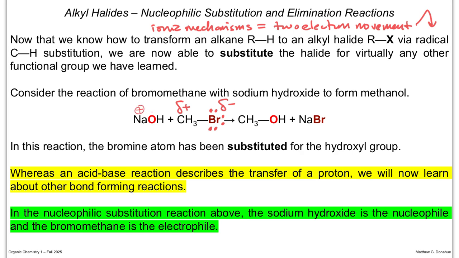And we're going to react that with sodium hydroxide, where that oxygen is negatively charged. If you look at the reaction overall, the bromine has been substituted for the hydroxide, so we've made an alcohol. So that is the substitution part of it.